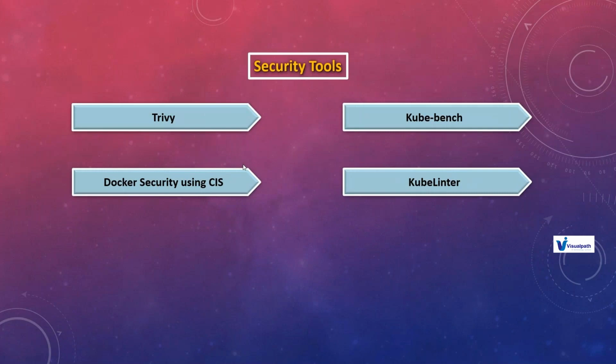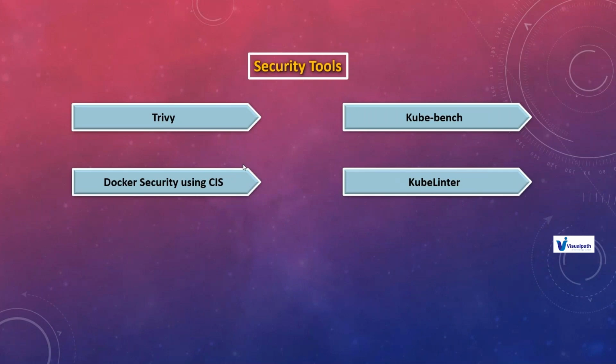You'll understand the importance of this security later. If you want to learn only DevOps, don't concentrate more on these tools. You can concentrate only on the tools that are necessary. If you want to be a DevSecOps engineer, you have to concentrate on this.